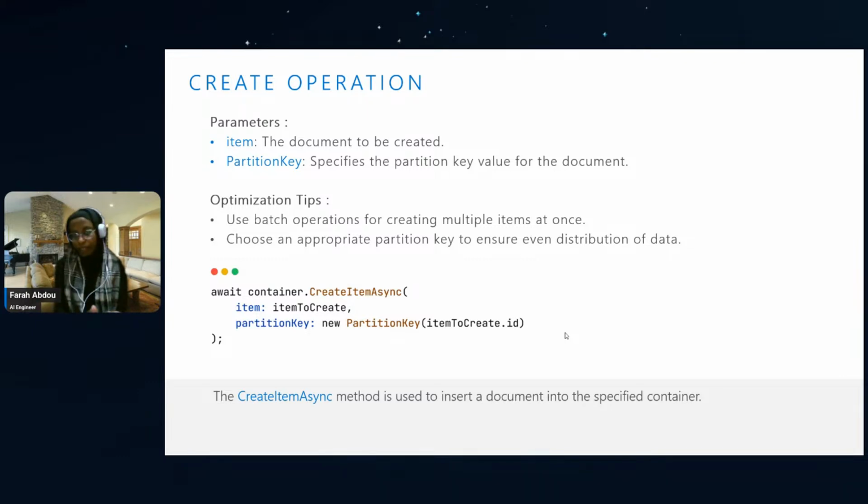Here we have some optimization tips. You can use batch operations to create multiple items at once, and you can choose an appropriate partition key to ensure even distribution of data. We will talk about batch operations in a minute. As we see, CreateItemAsync is the method used to insert a document into the specific container.